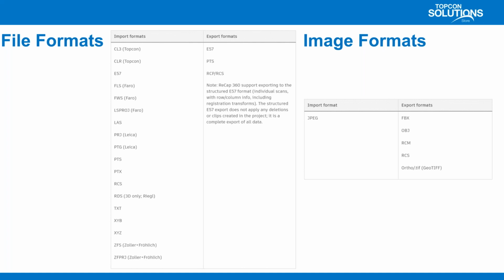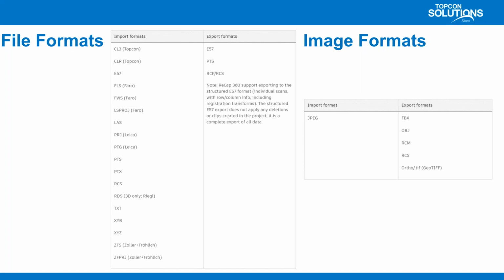With ReCap and ReCap Pro, you can do the CL3, the CLR, those are Topcon, E57, FLS, the FWS, the LAS, the PRJ, PTG. We're going to see several different types that we can bring in, and we have 3 different main types that we have to export out, the E57, PTS, and the RCP, RCS.